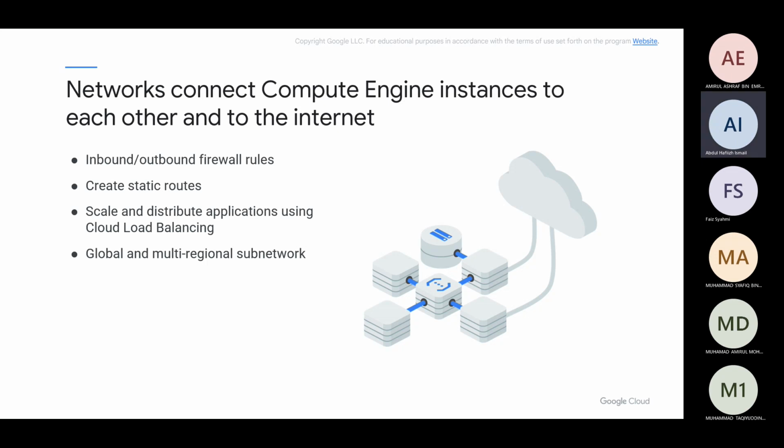You can also scale applications on Compute Engine from 0 to full throttle with Cloud Load Balancing. Distribute your load-balanced compute resources in a single or multiple regions close to your users and meet your high availability requirements.